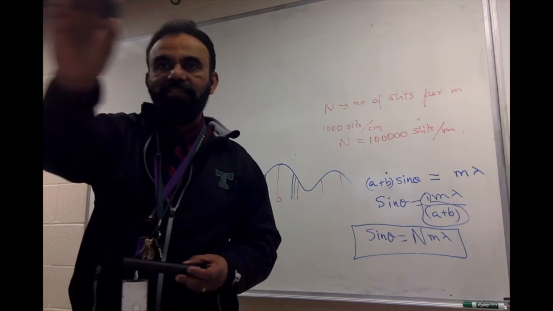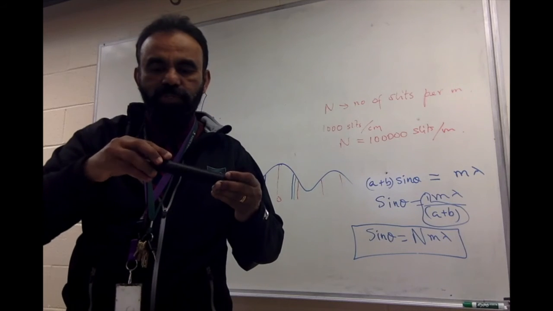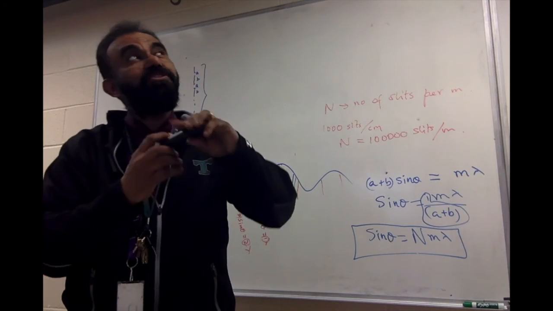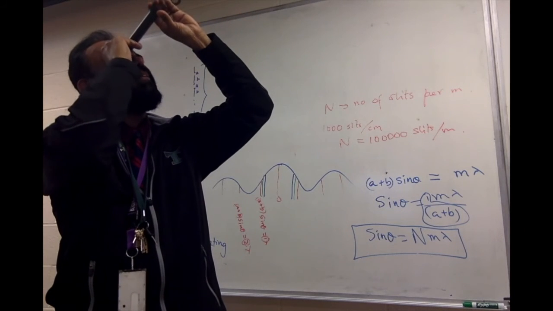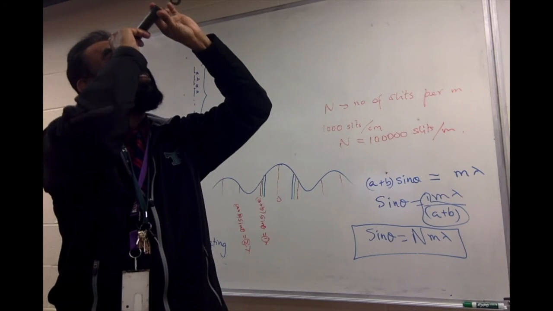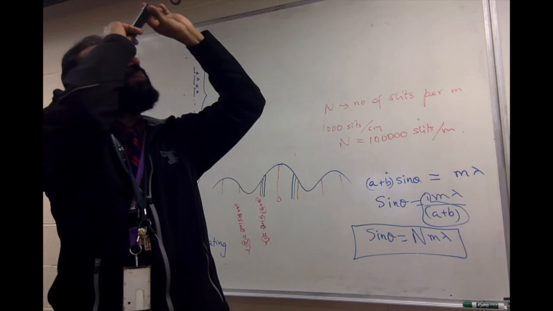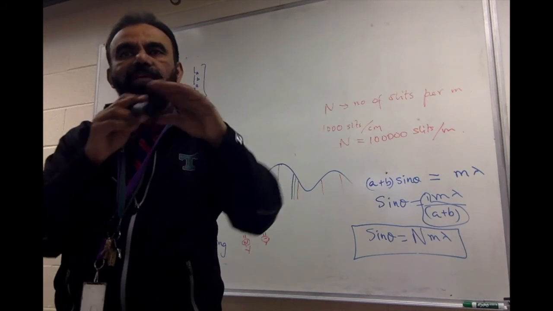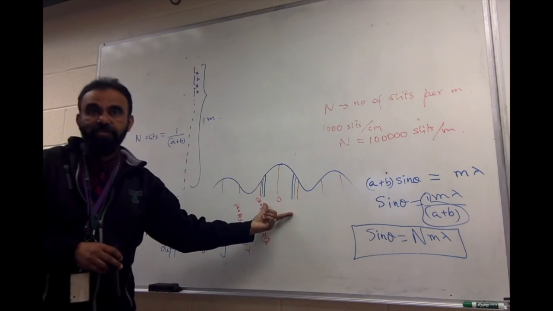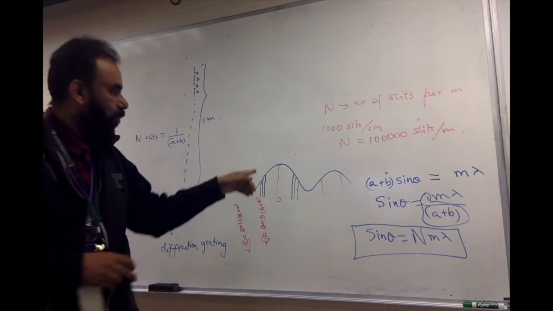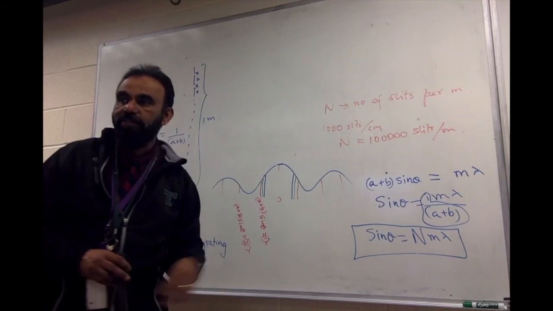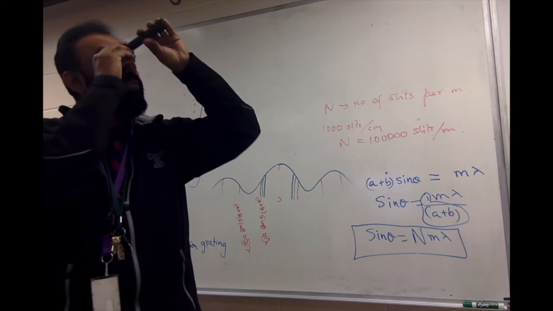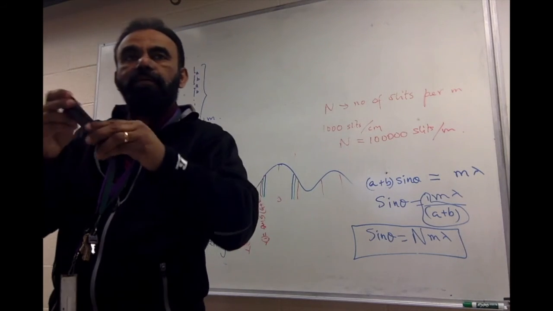What we're going to do is point this to a source of white light, and when you point it straight to a bulb, you will see this. Right in the middle, it will be white, and then you'll see the patterns on both sides. You can try.